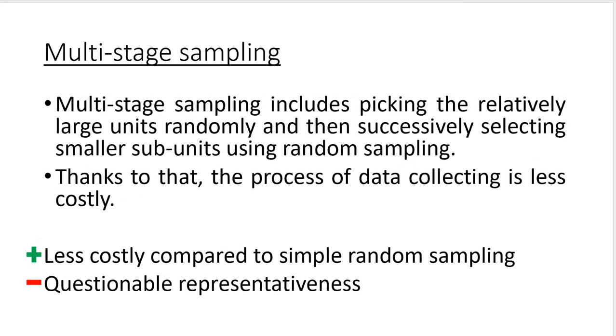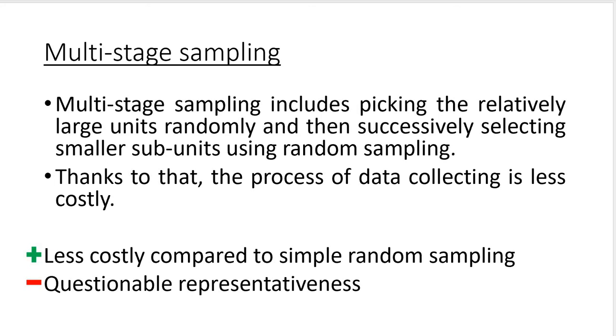Finally, we deal with multi-stage sampling, and it can be described as picking the relatively large units randomly and then successively selecting smaller subunits using random sampling. So thanks to that, obviously the process of data collecting might be less costly. I will give you an example.